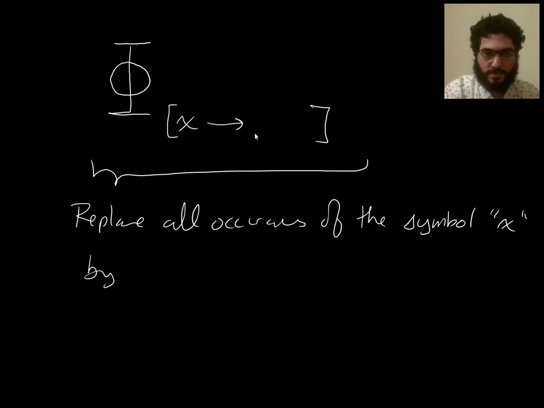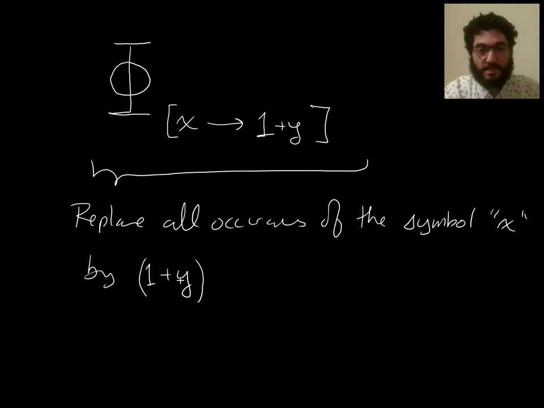Here's an example of a term, 1 plus y. You replace x by 1 plus y. And you can add parentheses around it if it's needed to maintain precise grouping, so there's no ambiguity with how things are grouped.